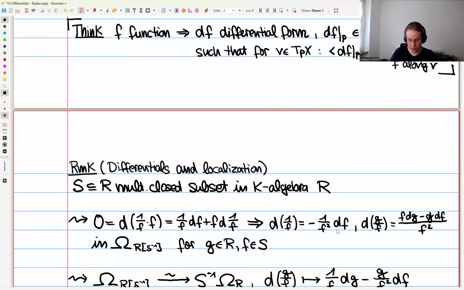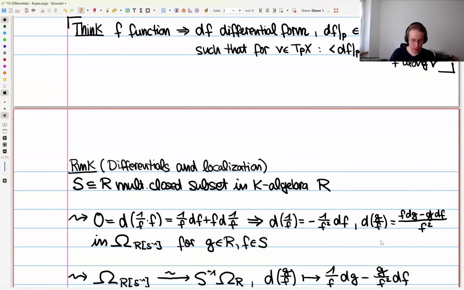Now, this is, of course, just the same thing as the quotient rule for differentials. And more generally, if we then multiply here by g times 1 over f, and use the product rule again, we can just check that the differential of such a quotient is again given by the quotient rule for differentials. So it's just the same formula that we are used to.